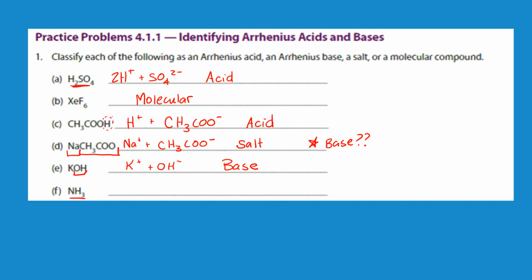And the next one is another one where it just doesn't really make sense. We've got ammonia, and ammonia is just a molecular compound. It's a covalent compound. However, it also acts like a base. So far, we can classify them according to Arrhenius' theory, but we can't explain the properties of a couple of them.